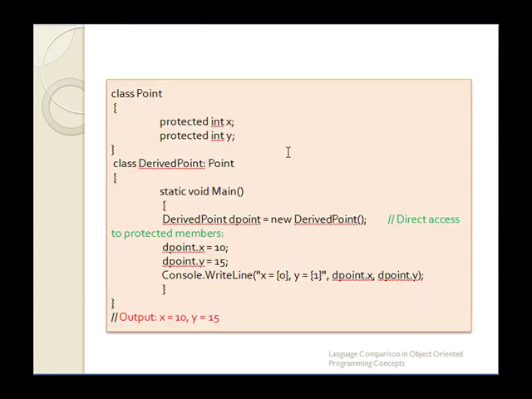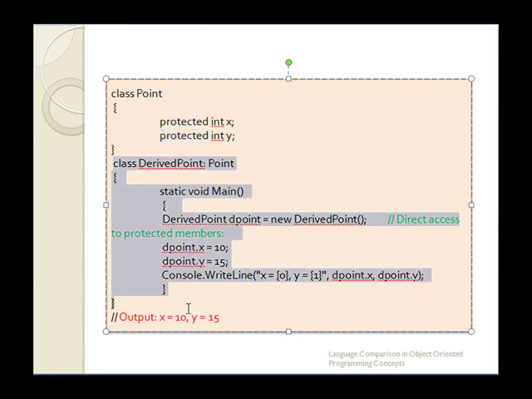Then we move to an example where the Point class contains two variables called protected int x and protected int y. Then you can see the main class here and the main method. Within the main method they created an object called derived point. So this is direct access to the protected members when you use depoint.x.